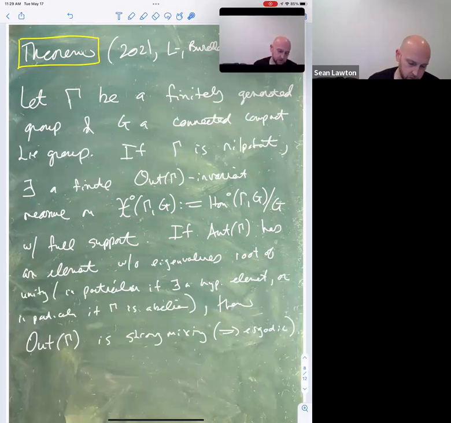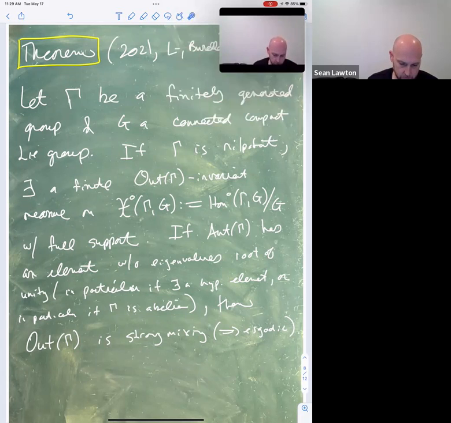But the point here is that it generalizes quite substantially to any finitely generated nilpotent group where there's at least one element that doesn't have any eigenvalues that are roots of unity.